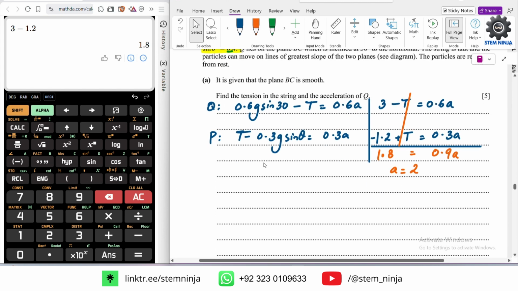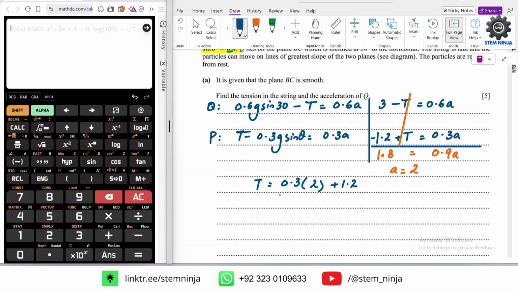And now we can find out T, which is equal to 0.3 times 2 plus 1.2, because 0.3 times 2 is 0.6. Actually, we were right, just to confirm.